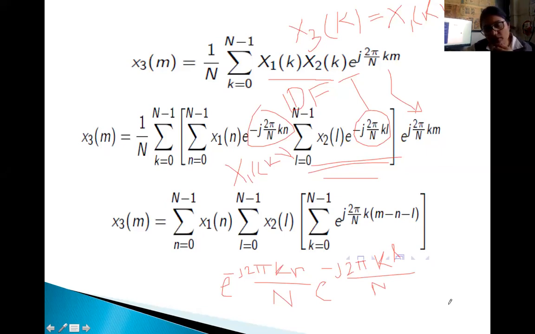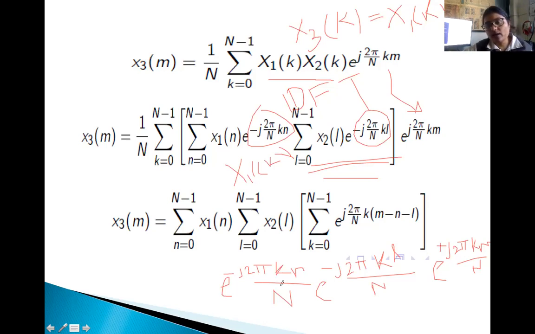So that term also we will take: e raised to minus j 2 pi k m divided by capital N. This is actually plus. So from this equation, what will we do? We will take the exponential part from this exponent. What are the common things now?